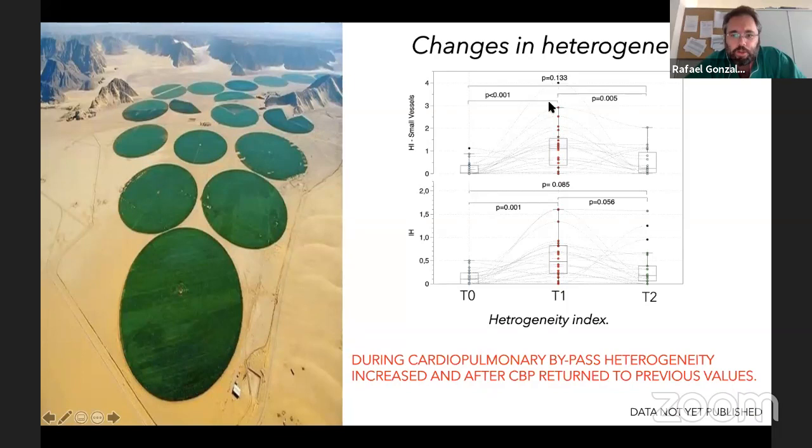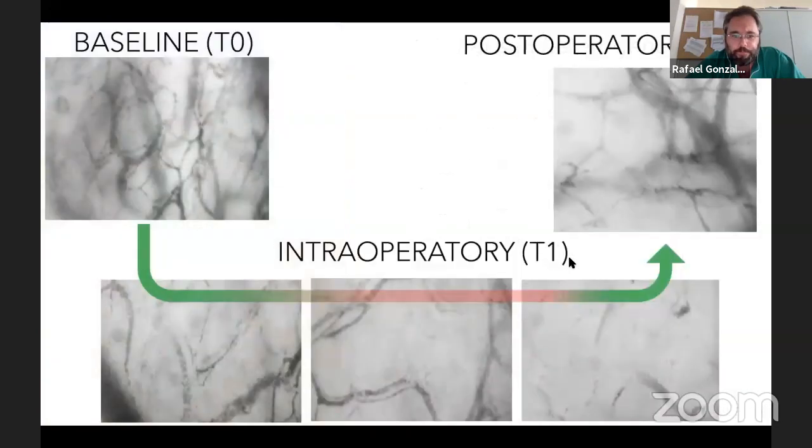We saw also that heterogeneity tended to increase during the surgery, during the cardiopulmonary bypass, and return to previous values after the surgery. But again, we see how some patients kept an altered microcirculatory compartment after the surgery.